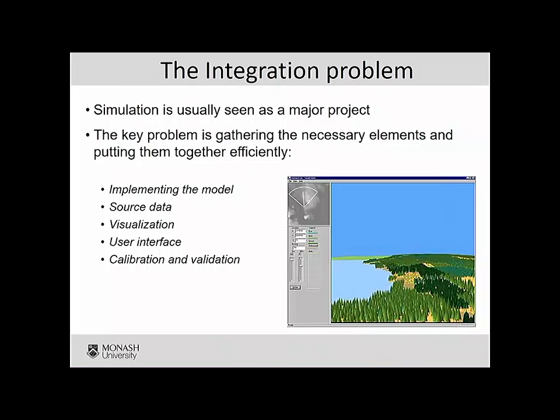Because we're trying to capture a complex system in enough detail that we get believable or usable results. And part of that is that we've got to be able to present the results to the user in a way that makes sense. So we have to implement the model. First of all, we have to understand what we believe the rules of the simulation are and what parts of the system we're looking at we want to model.